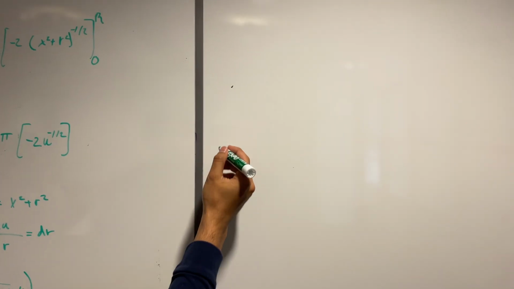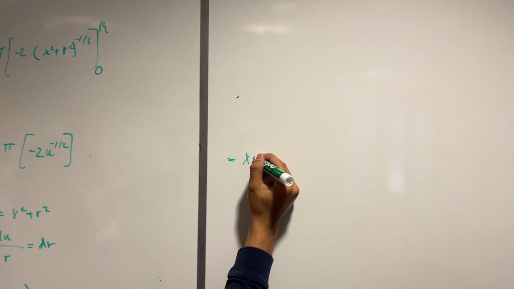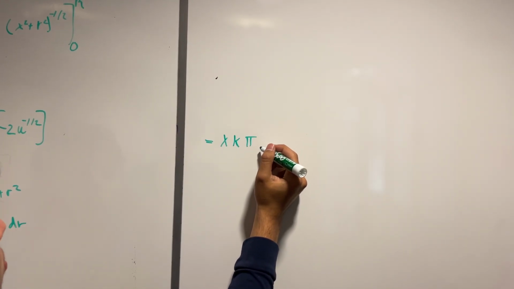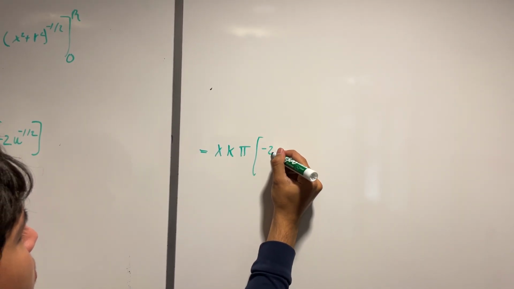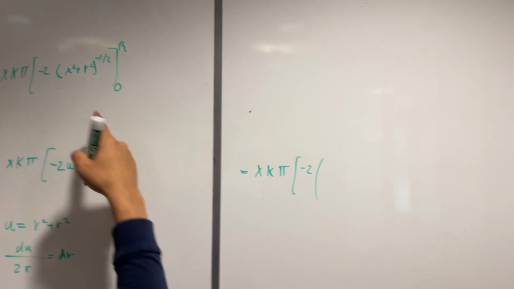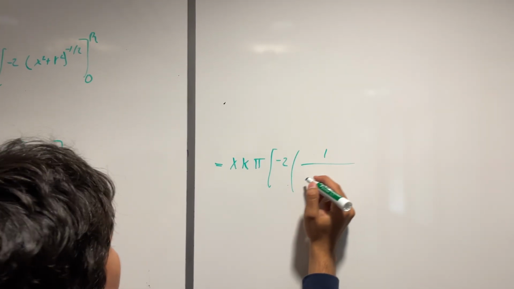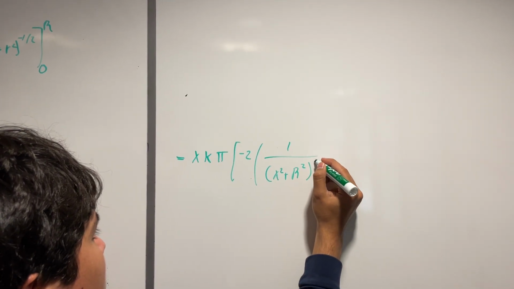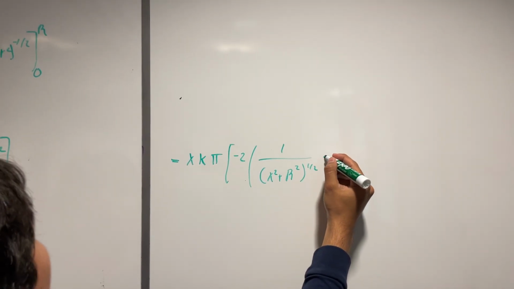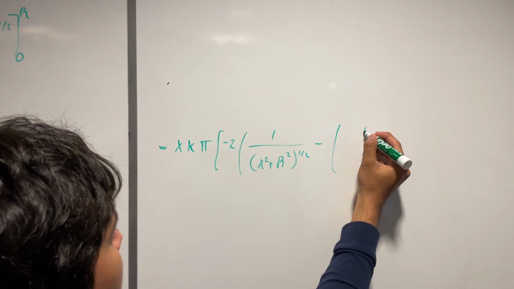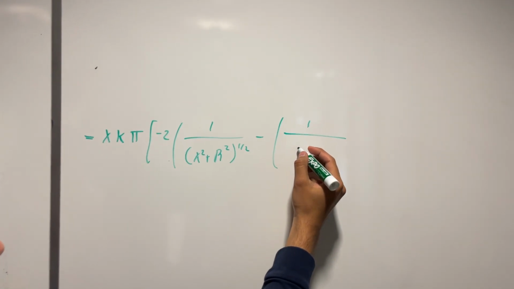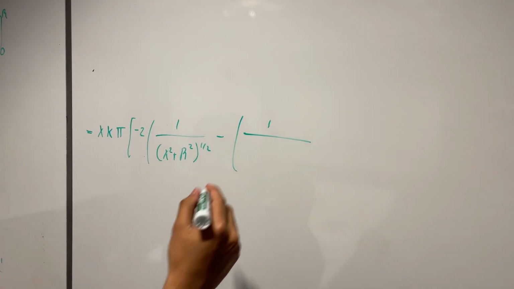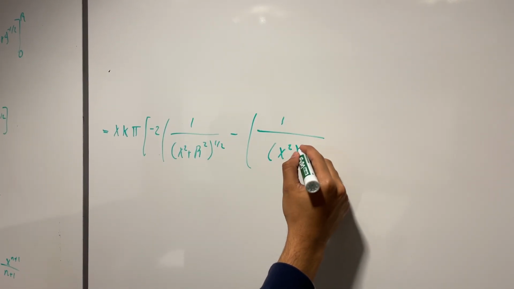So we get x k pi, and then we plug in the numbers. We get negative 2 times 1 over x squared plus r squared to the 1/2, minus 1 over 0. When we plug in 0 here, that's just x squared to the 1/2.